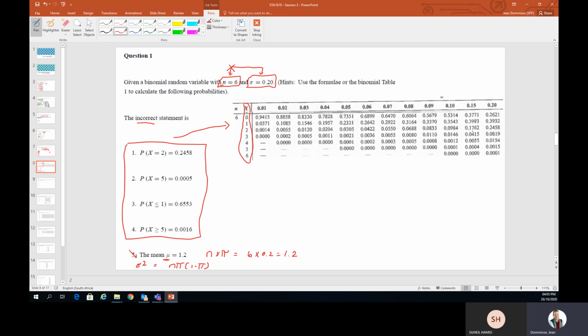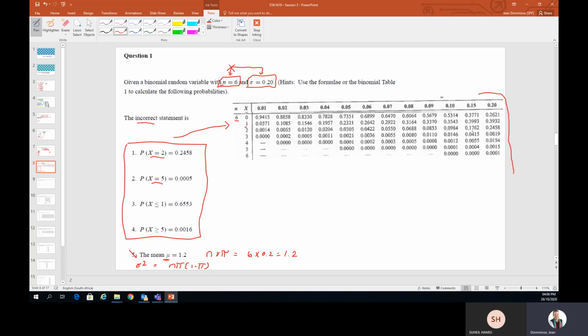That will be correct. Now it is to understand how we can get the other values from the tables. The easiest ones are always the ones that are equal, so x equal to 2. We've got n equal to 6, and we look at where pi is equal to 0.2.